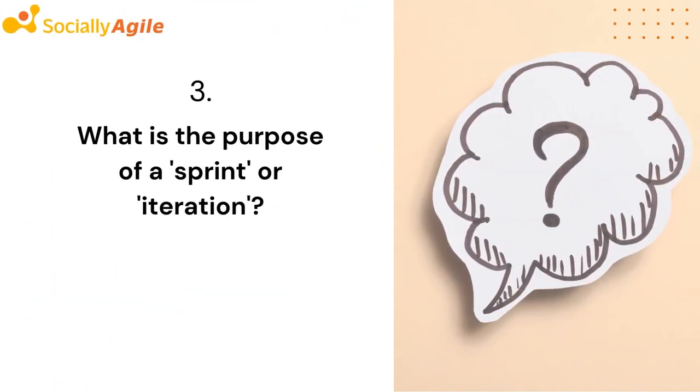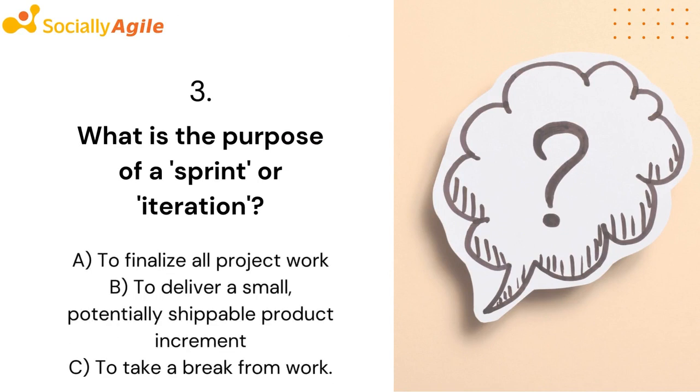Question number 3. In Agile, what is the purpose of a sprint or iteration? A. To finalize all project work. B. To deliver a small, potentially shippable product increment. C. To take a break from work.